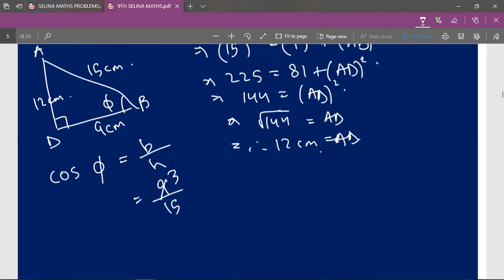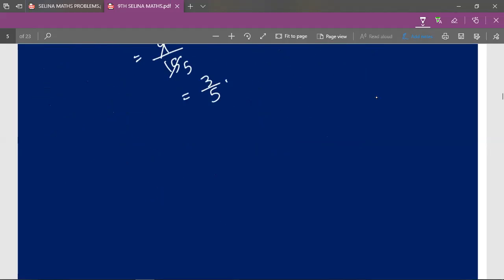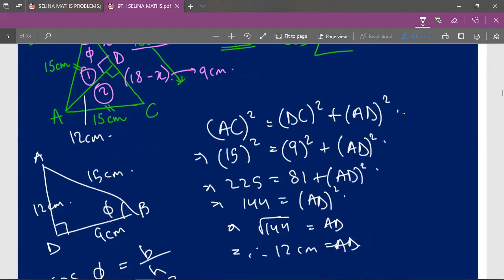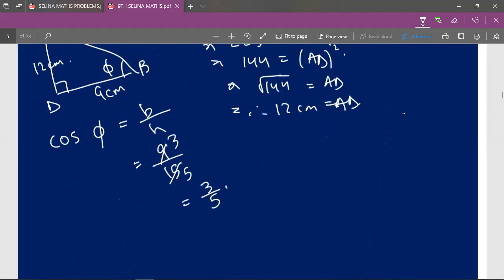So 3 3s are 9 and 5 3s are 15. So our final answer is 3 upon 5. Therefore, cos angle ABC is equal to 3 upon 5.